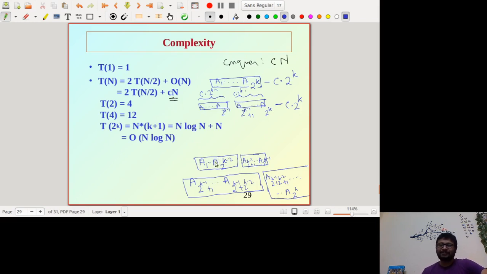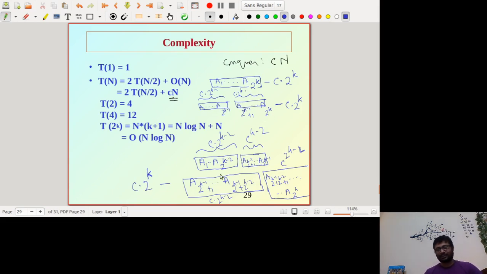So you will spend C times 2 power K minus 2 time in each of them in the conquer phase. So C times 2 power K minus 2, C times 2 power K minus 2, C times 2 power K minus 2, C times 2 power K minus 2. In total, you will spend C times 2 power K. So you can see that in each step you will spend the same time.